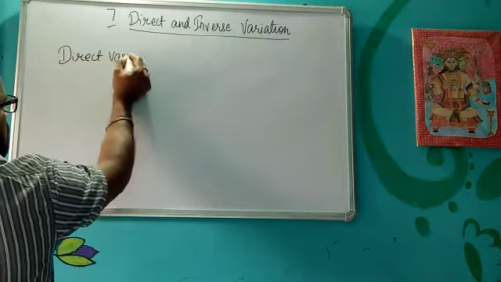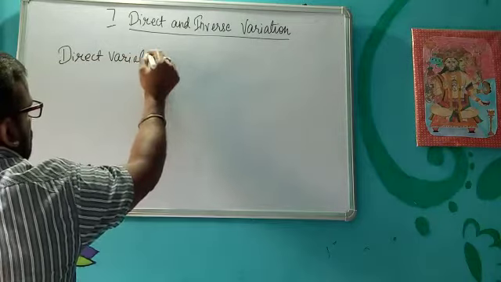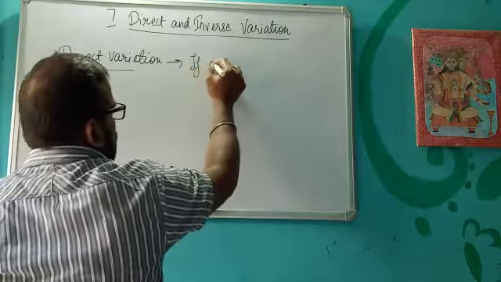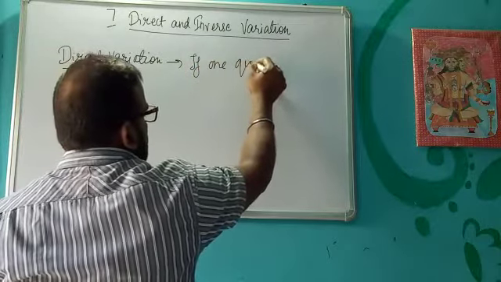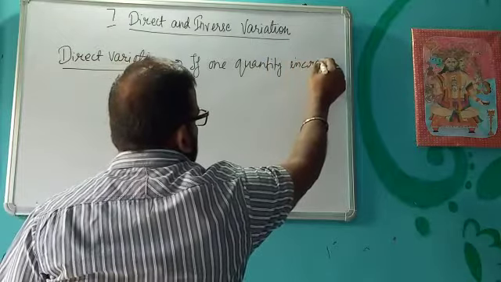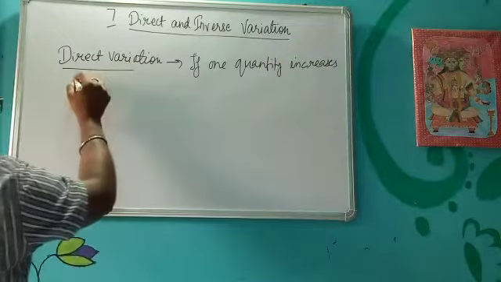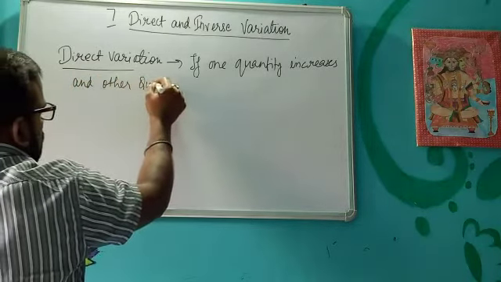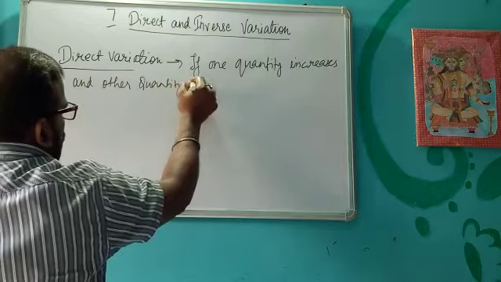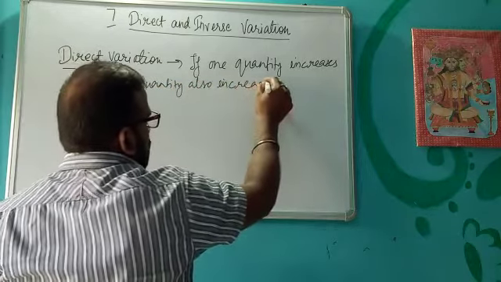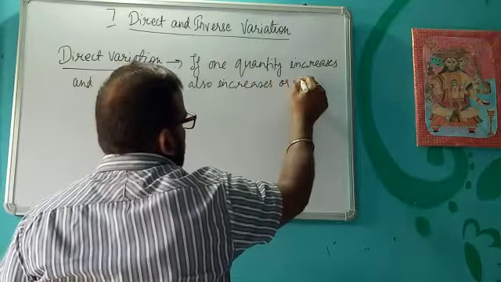variation. Direct variation means if one quantity increases, the other quantity also increases, or vice versa.